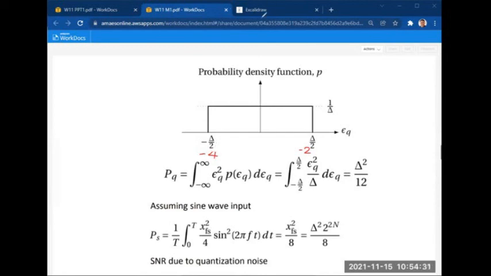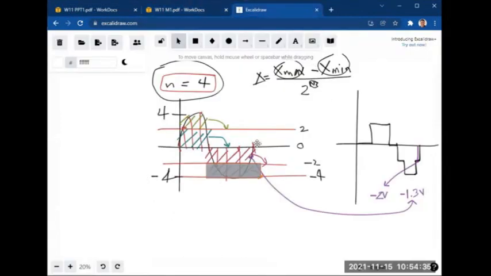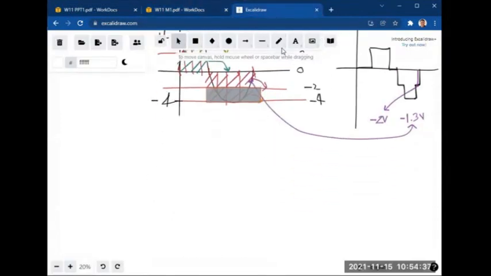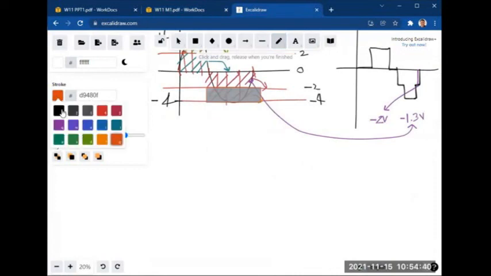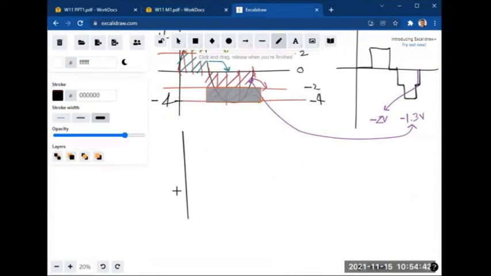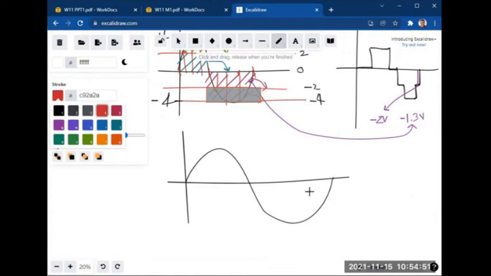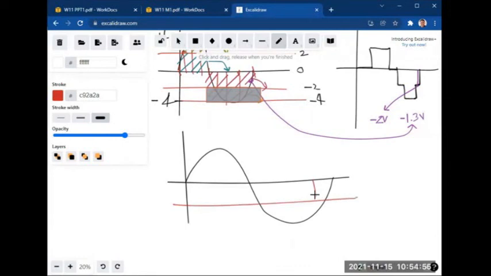Let's make another graph. If we have a signal here, we cannot exactly determine the value at a certain point, for example in an analog signal.